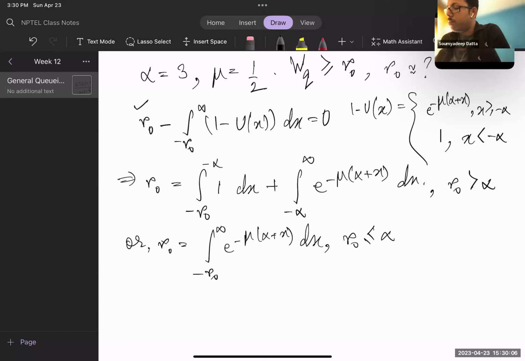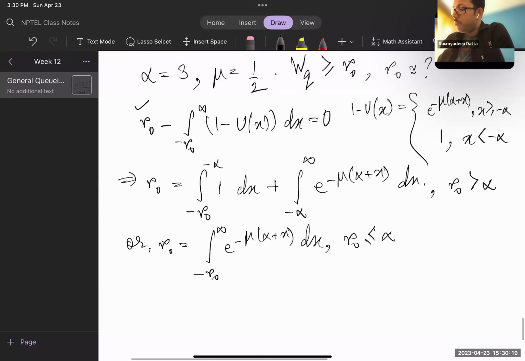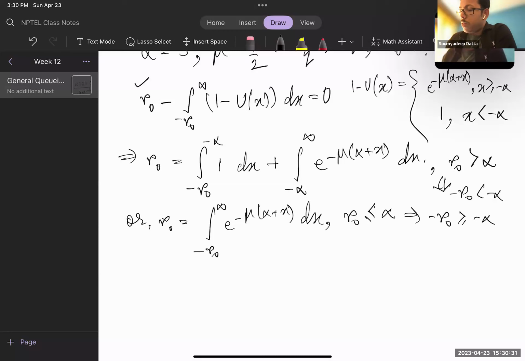It's kind of 0, and the lower limit exceeds the upper limit, and here minus alpha is superseded by minus r naught, so we start from minus r naught. So, writing it more explicitly: in one case minus r naught is less than minus alpha, and in the other case minus r naught is greater or equal to minus alpha. So there can be two possible cases, and let's solve for both.